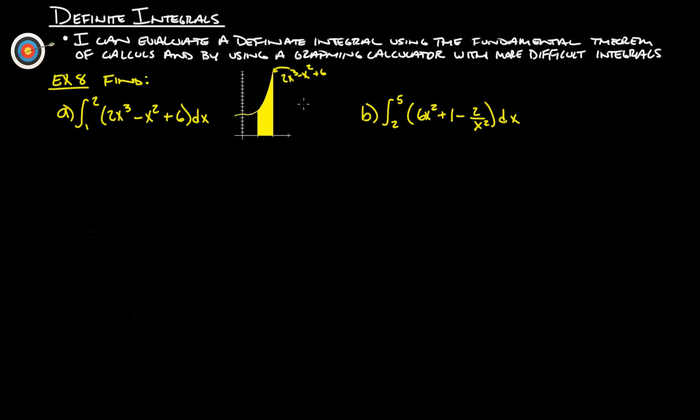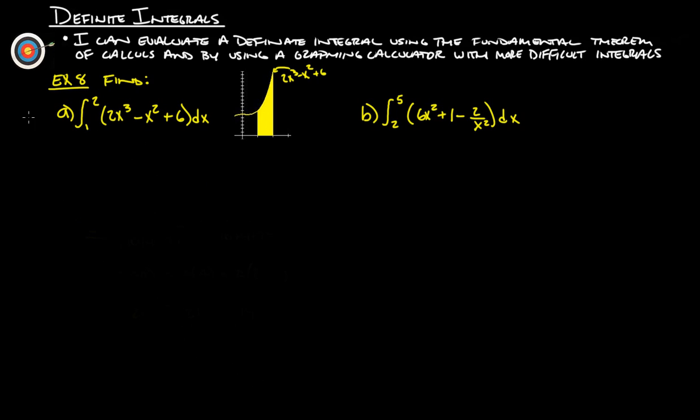I created a graph here just so you can see what we're trying to figure out. So we're trying to find what this value is, right? Here's the function 2x cubed minus x squared plus 6, and here's from 1 to 2. So we're going to calculate what this area is. That's what this definite integral is going to help us do.